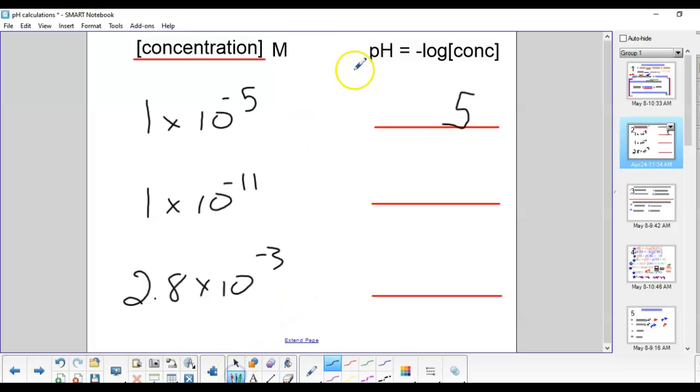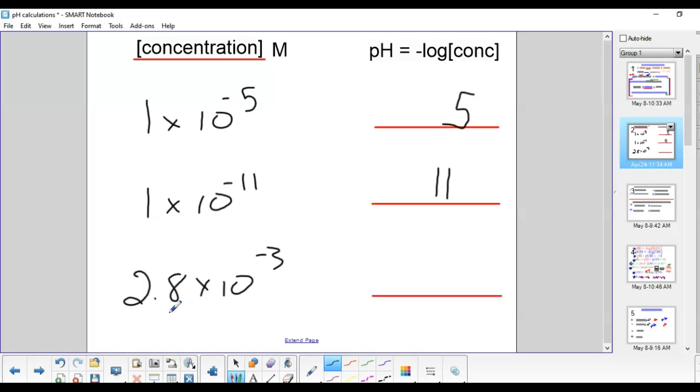Now, don't forget, negative log concentration. If I take the negative log of this concentration here, I'm going to end up with 11. You might see a pattern develop. When we have 1 times 10, remember it's got to be 1, the pH of the value is always the negative exponent. Here we do not have 1 times 10. So you're going to have to type in 2.8 times 10 to the minus 3 negative log of that value.